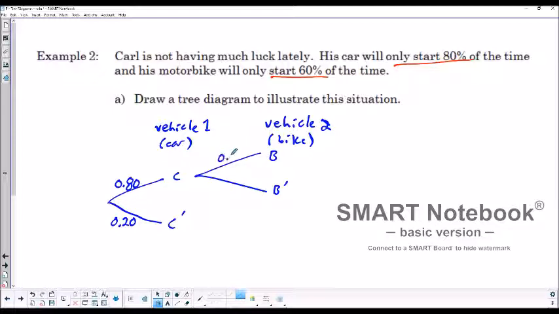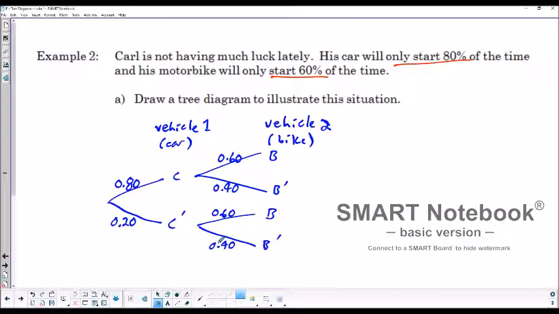The bike's only going to start 60% of the time, whether the car started or not, so it doesn't really matter. The bike starting doesn't depend on the car starting. And if the car doesn't start, again, the bike could start, it starts 60% of the time, or the bike may not start, and that's 40% of the time.